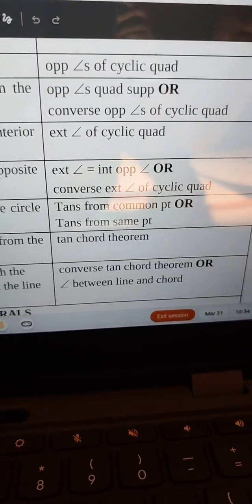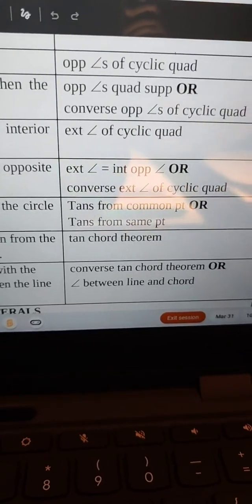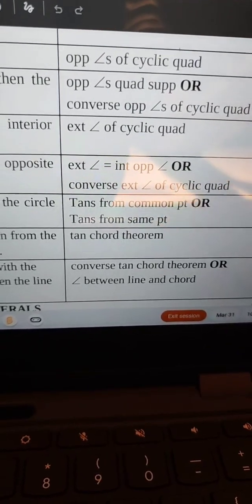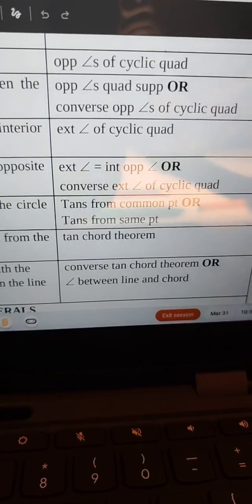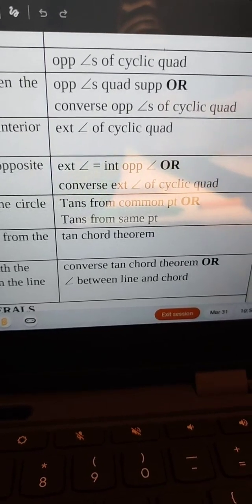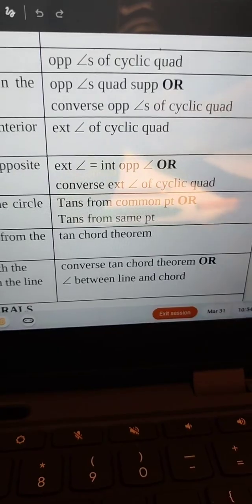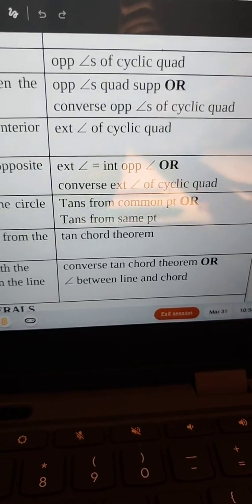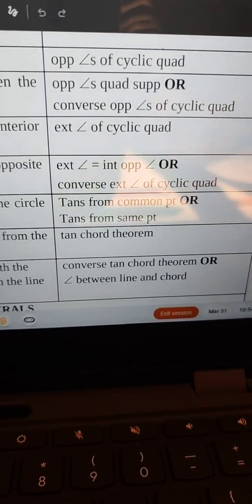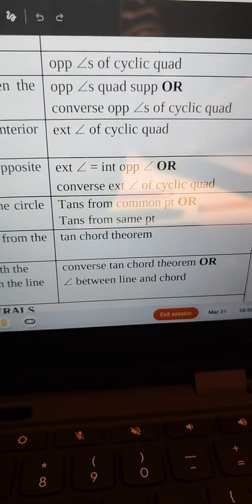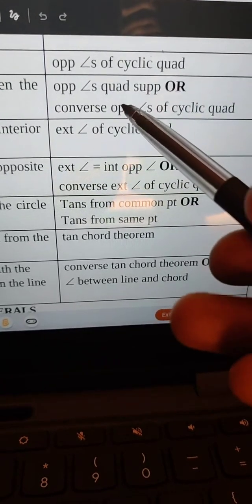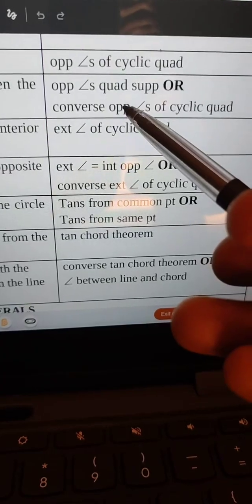No, we say converse. This is the opposite. So for proving that it is a cyclic quad, we can go the direction of just adding the word converse before opposite angles of cyclic quad if we are dealing with this situation.